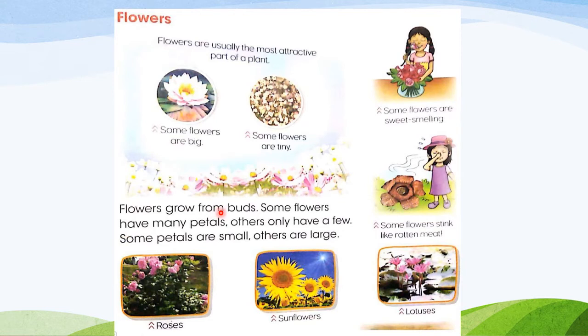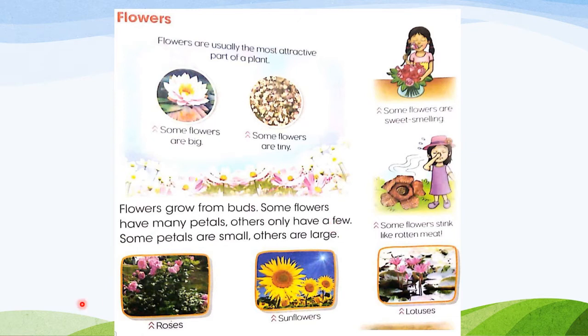Flowers grow from buds. They are small buds on the plant, and then flowers grow from the buds. Some flowers have many petals. Others have few petals.